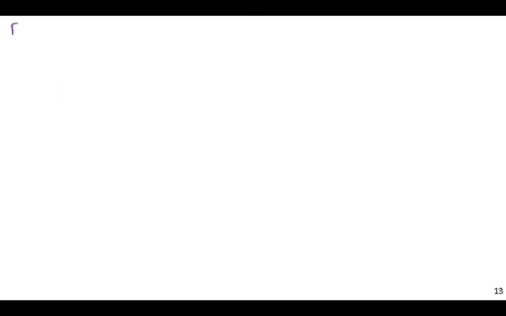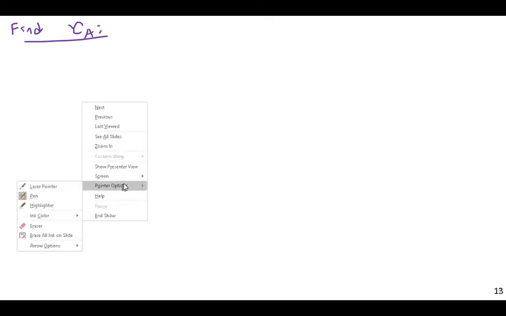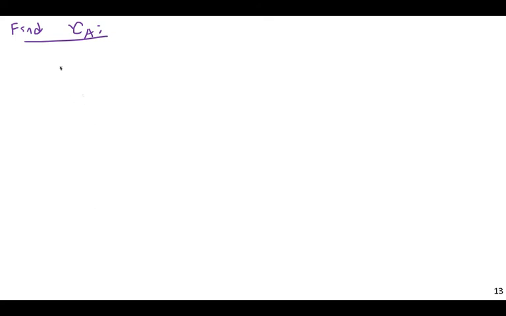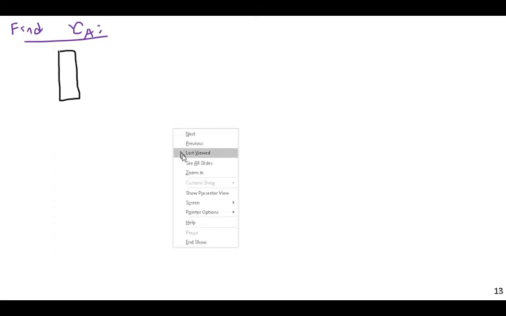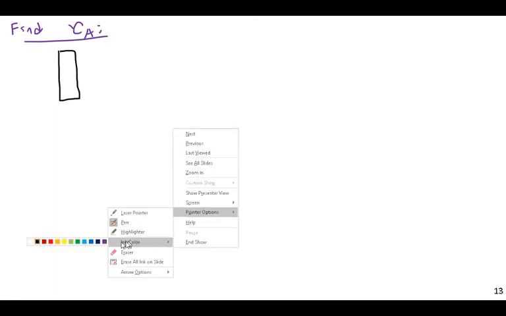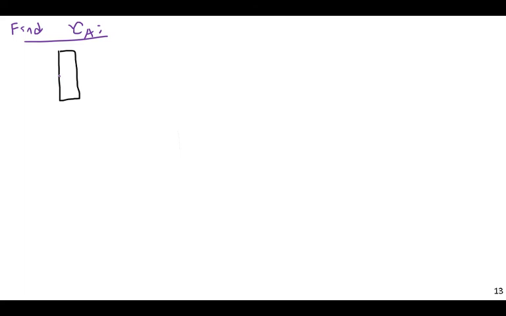So find tau A. Well, to do that we'll find QA. And at A, well, this is at the neutral axis. So we can simply say, we're looking at this region here, at the neutral axis, at point A is here.